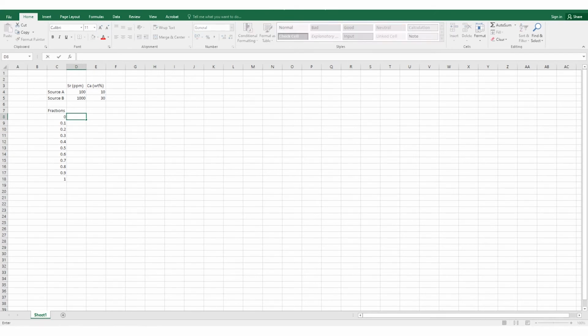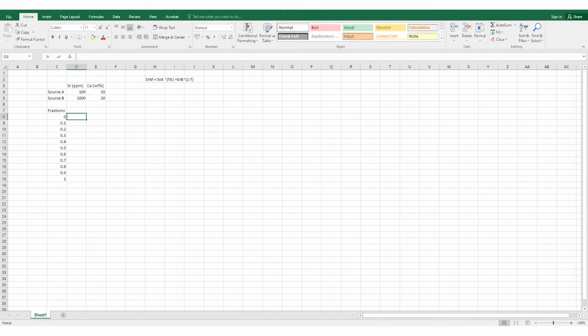You remember the equation we discussed: strontium M is equal to strontium A into F A plus strontium B into 1 minus F. We will use this.